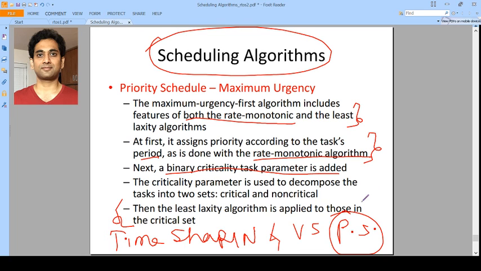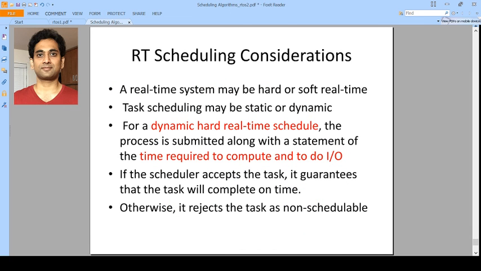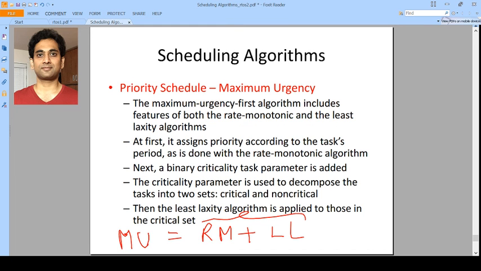Now, the critical set of tasks implement an additional least laxity scheme on top of the rate monotonic. So, rate monotonic plus least laxity, a combination of these two, is what is known as a maximum urgency scheme. So these are the different time sharing based scheduling algorithms and priority based scheduling algorithms.